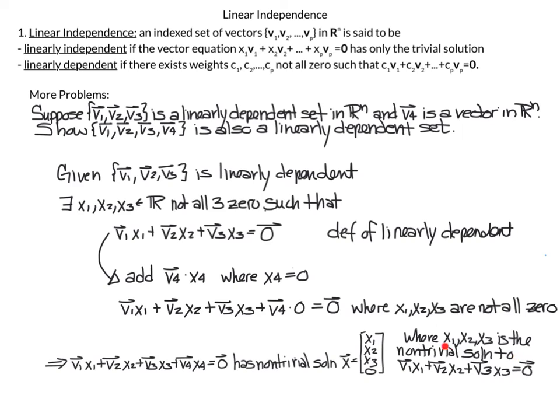And remember, this has a non-trivial solution because v1, v2, v3 are linearly dependent. And therefore, since this linear equation has a non-trivial solution, that means the set v1, v2, v3, v4 is linearly dependent.